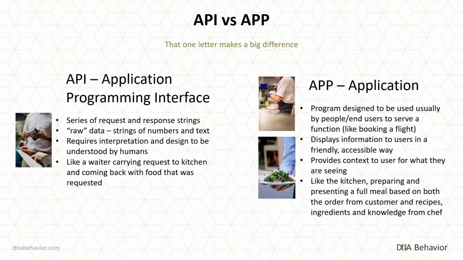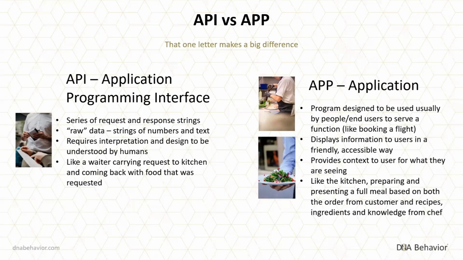And the Cobb salad that comes back to your table is a bit like the application. It is prepared for the user interface. So it's taken the information that you requested from the waiter's request and brought it back in the form of something that's usable to you. So in this way, the waiter is like the API, but the salad that the waiter carries back is a little like the application. It is user interface.